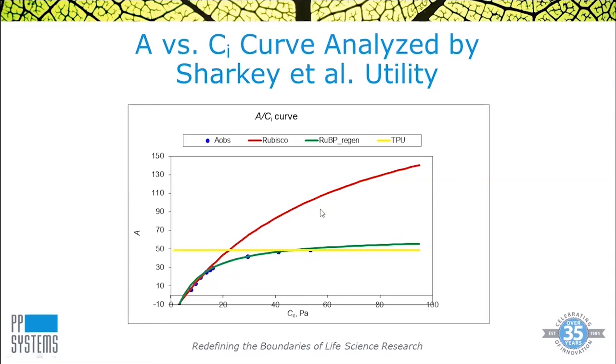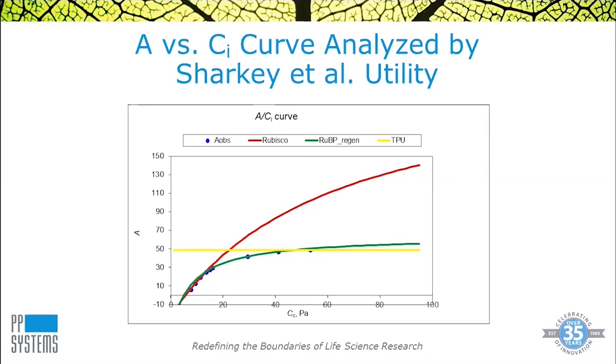You can see the actual data points. This utility takes A versus Ci data and converts it into A versus Cc data, where Cc is the CO2 concentration at the chloroplast.